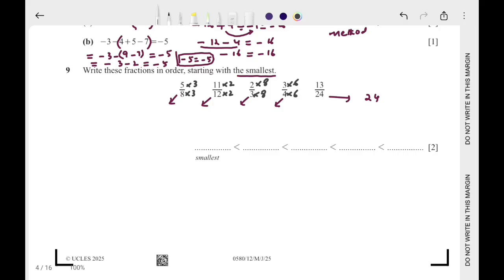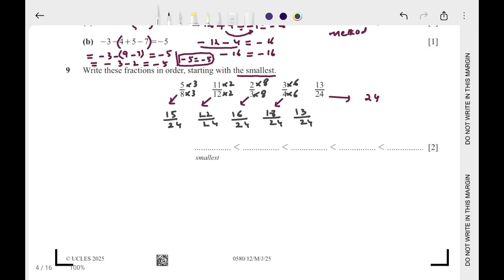Now after multiplying, we have 15 upon 24, 11 times 2 is 22 upon 24, and 2 times 8 is 16 upon 24, and 3 times 6 is 18 upon 24, and 13 over 24.